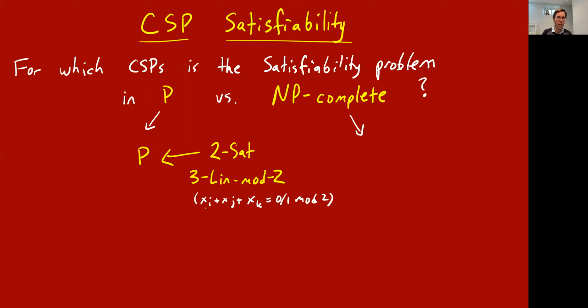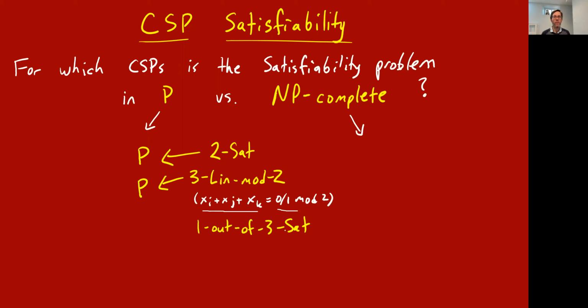Each linear equation involves 3 variables, and everything is happening mod 2. All the constraints have arity 3, and the domain size is 2. This CSP is in P, because it amounts to solving a system of linear equations over a field to determine if it's completely satisfiable or not.